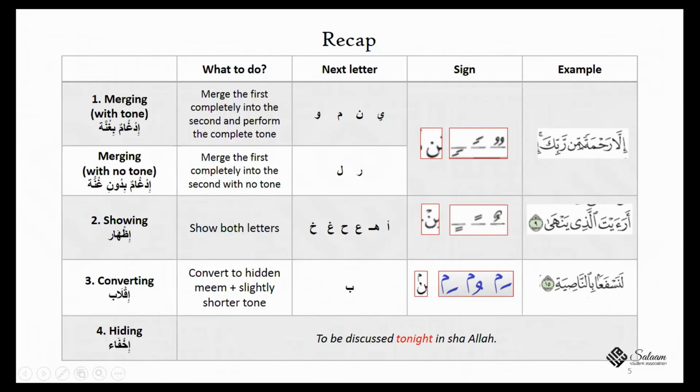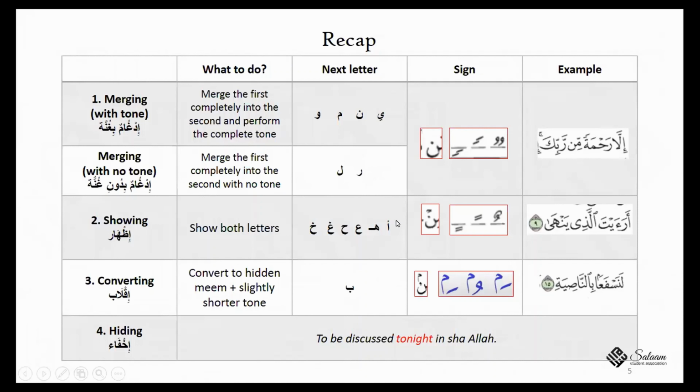Why? Because tanween and then mim, one of these four letters, and then we do idgham bi gunna. If it's ra or lam, we'll do idgham bidun gunna. So we will not say anything from this noon, and we will go to ra directly. So it will be mir rabbik, no gunna and no noon here in this case. So we have this with ra and lam.